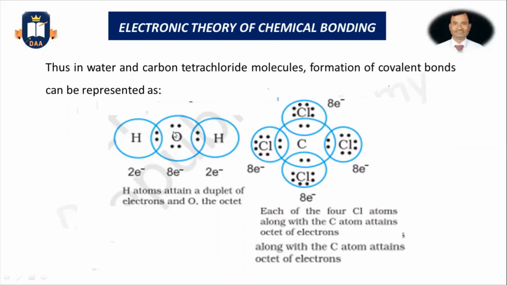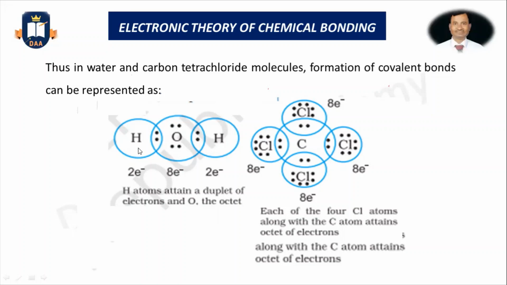Here you see in the middle one oxygen atom, and the number of electrons in the oxygen atom's outer shell is 1, 2, 3, 4, 5, and 1 electron from the left side and another from the right side, that makes 6. So the outer shell of the oxygen atom contains 6 electrons.